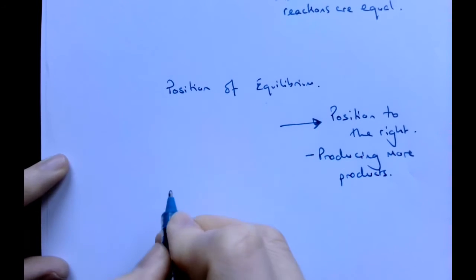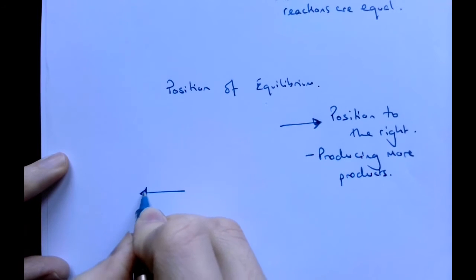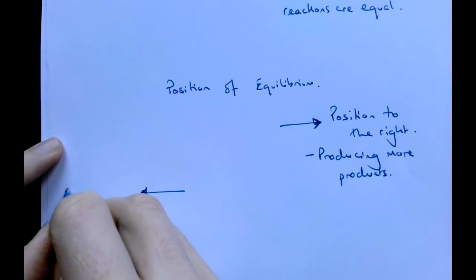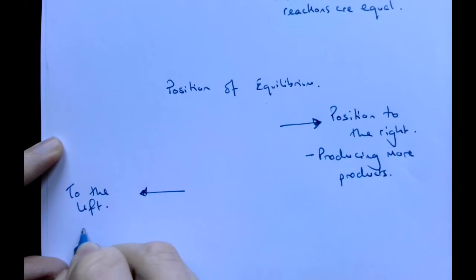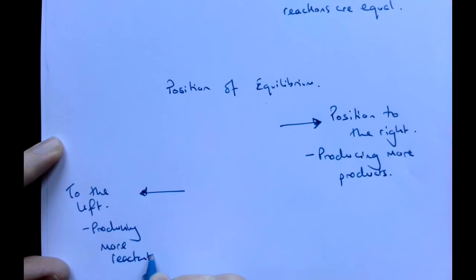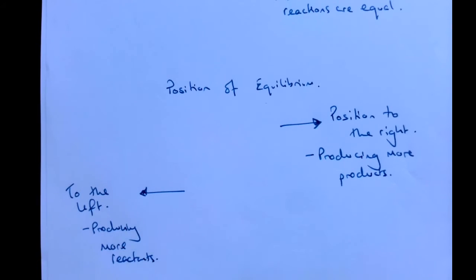And if the position is over here to the left, it means that we are producing more reactants.